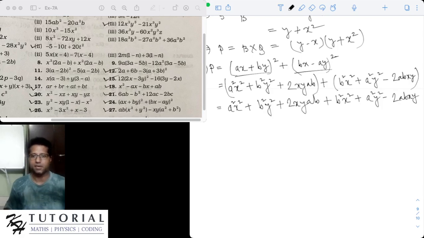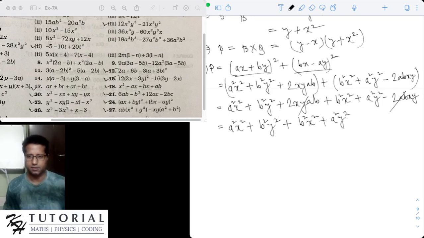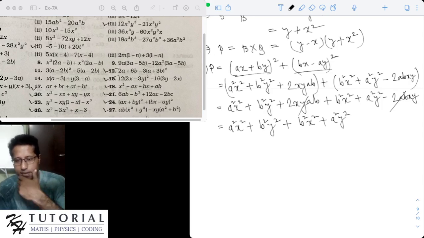So twice ab xy cancels out, and it becomes a square x square plus b square y square plus b square x square plus a square y square. Now we can clearly see that there is no common factor in all the terms, and we cannot see any common factor as a binomial.